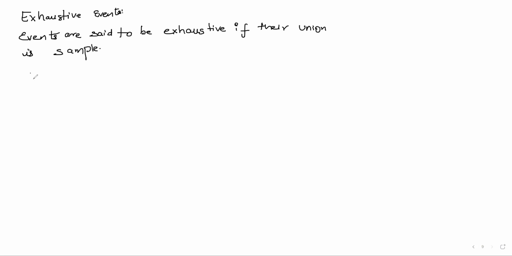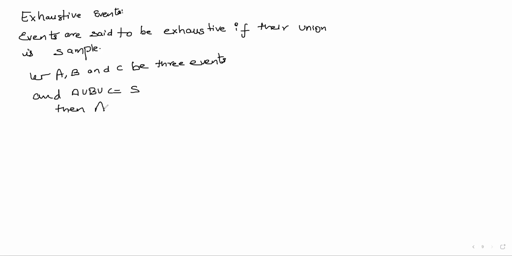Let A, B, and C be three events, and A union B union C is equal to the sample space. Then A, B, and C are called exhaustive events.